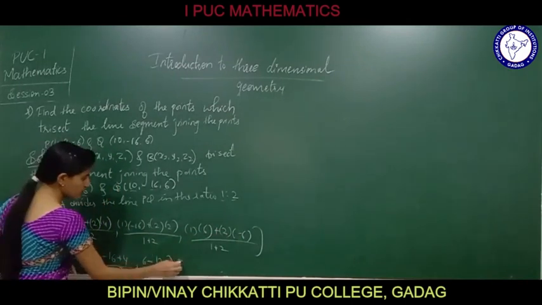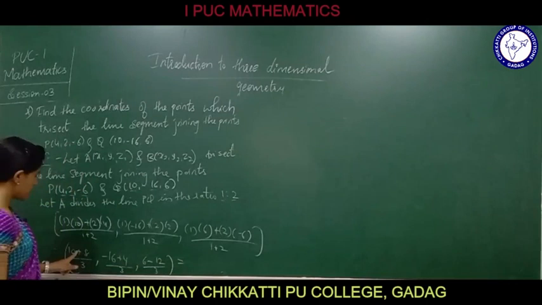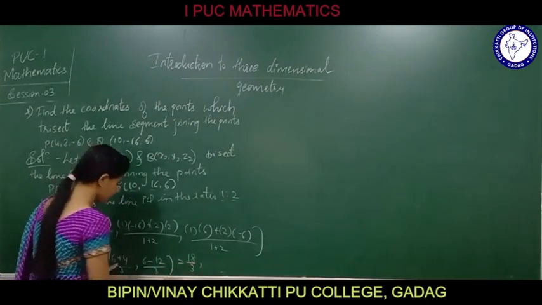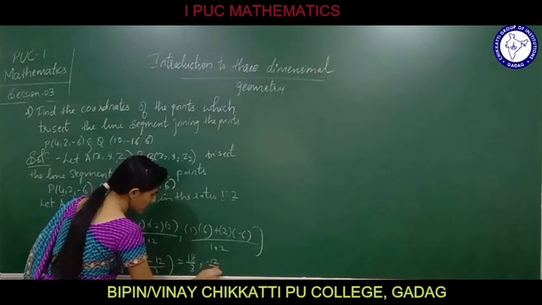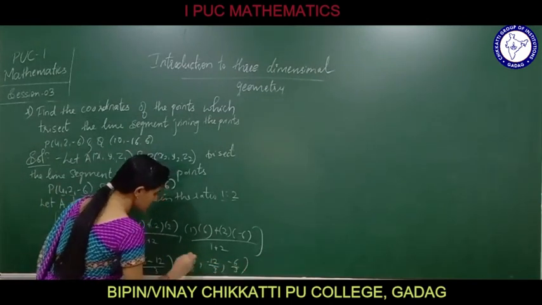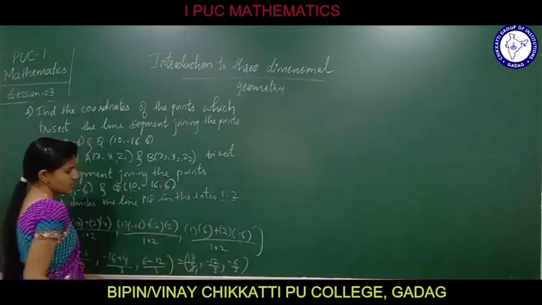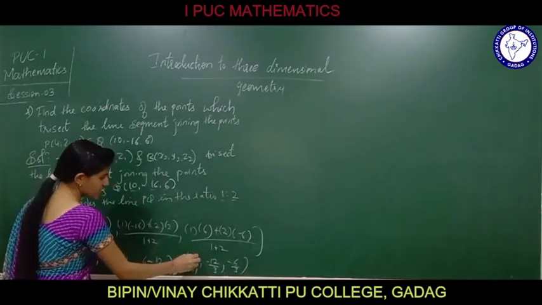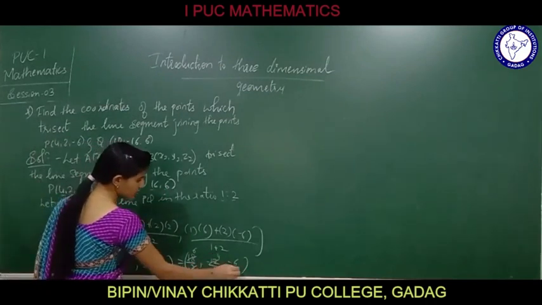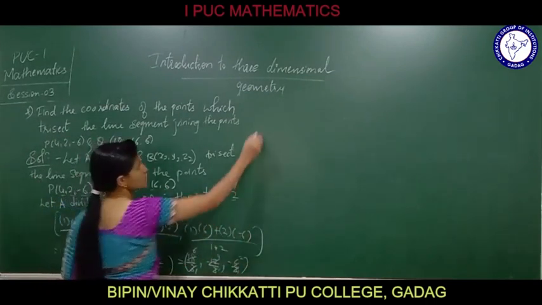On simplifying, 10 plus 8 is 18 by 3. Next we have minus 12 by 3 and minus 6 by 3. Just simplify. 3 sixes are 18, 3 fours are 12, 3 twos are 6.